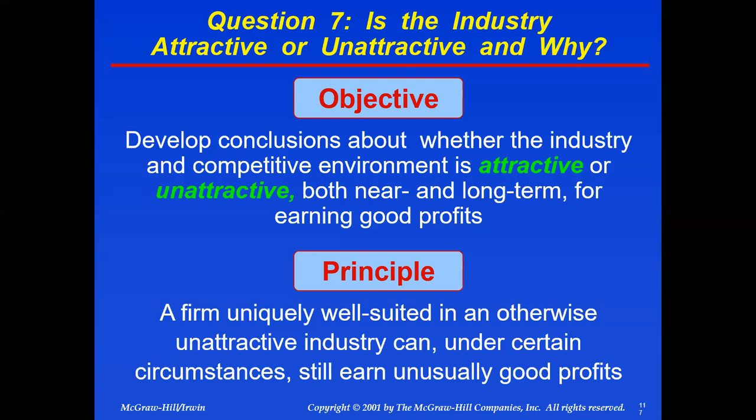Because that firm would be uniquely well suited, and that uniqueness can also be brought in by sustainability factors which were rare, valuable, costly to imitate, and organized, that is, robustness. These were the factors which provide sustainability to firms. And the firms which have achieved sustainability are the firms which can still earn good profits even if the industry is declining.